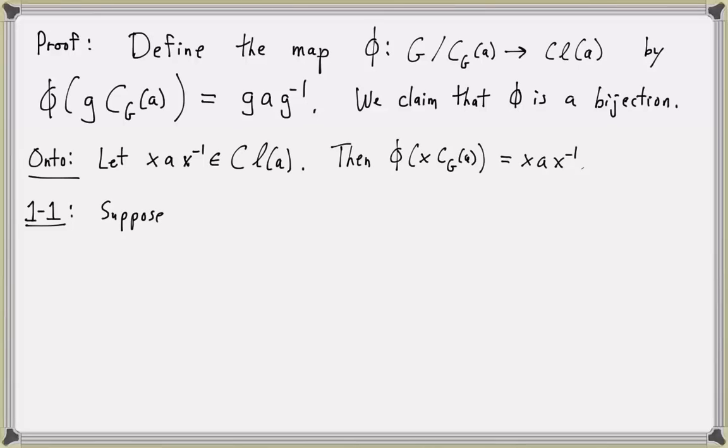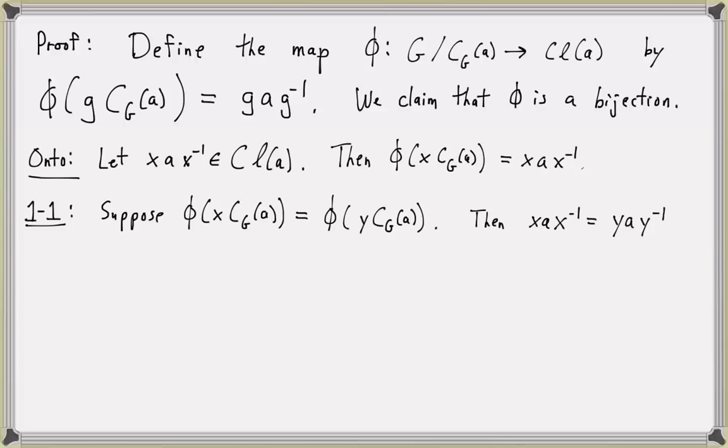So suppose phi of the left coset x times the centralizer equals phi of y times the centralizer. And that tells us that the conjugate xAx inverse would be equal to the conjugate yAy inverse.